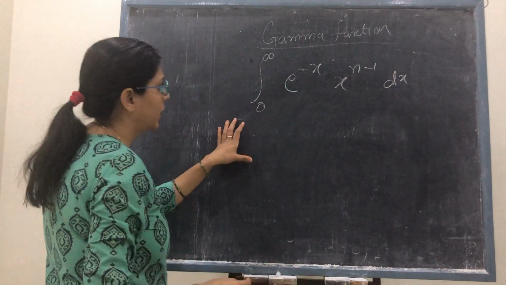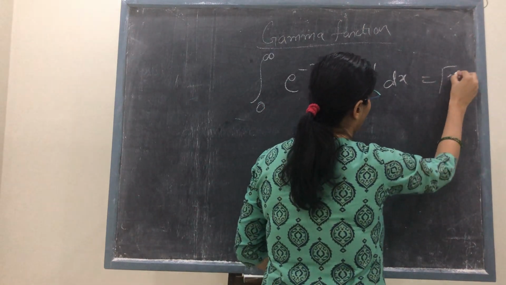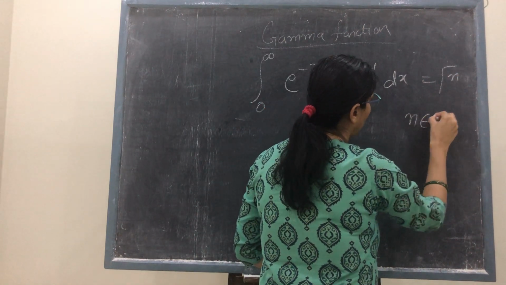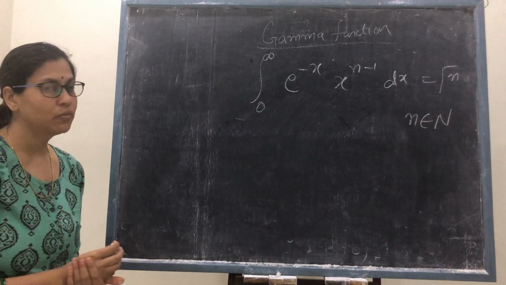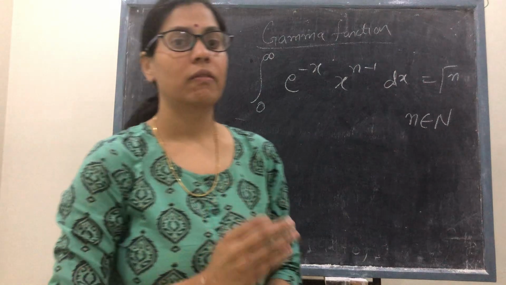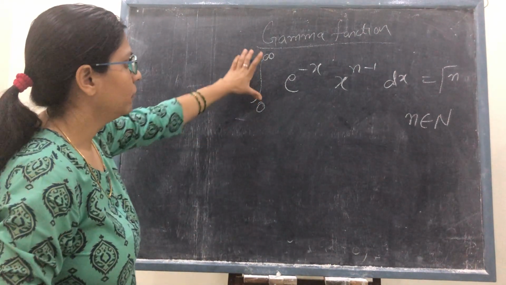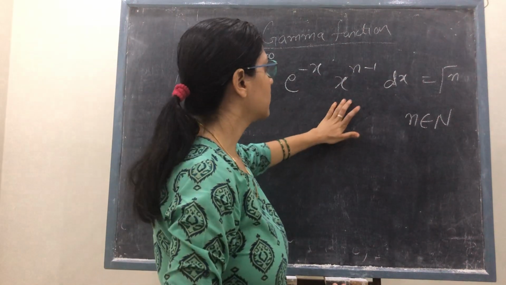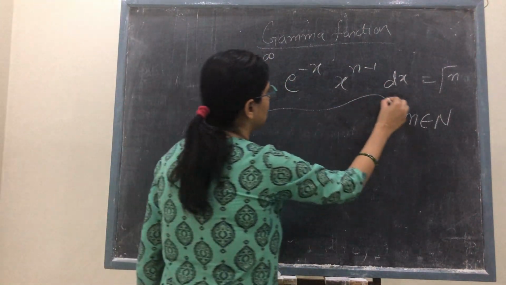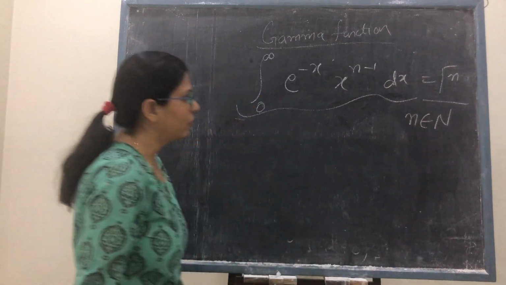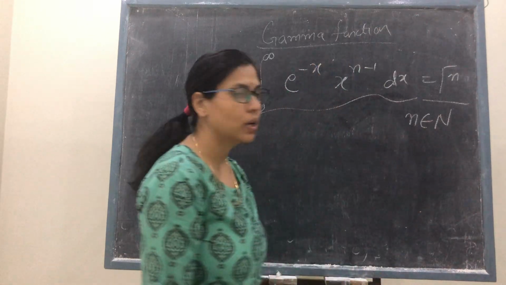This is known as the gamma function and is denoted by gamma of n, where n belongs to the natural numbers. Natural numbers means n starts from 1, 2, 3 and goes on to infinity. This integration is known as the gamma function, defined as gamma of n, where n belongs to natural numbers.